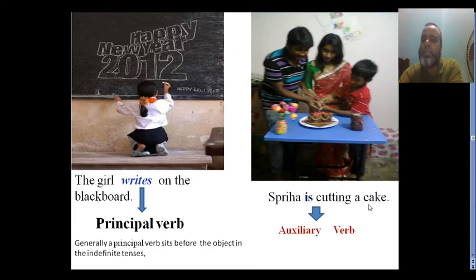Spriha is cutting a cake means Spriha is cutting a cake in Bengali. So there is no meaning of is here. And is is used before cutting, the main verb or principal verb. So an auxiliary verb is generally used before a principal verb and it has no meaning here. Always an auxiliary verb sits before a principal verb.